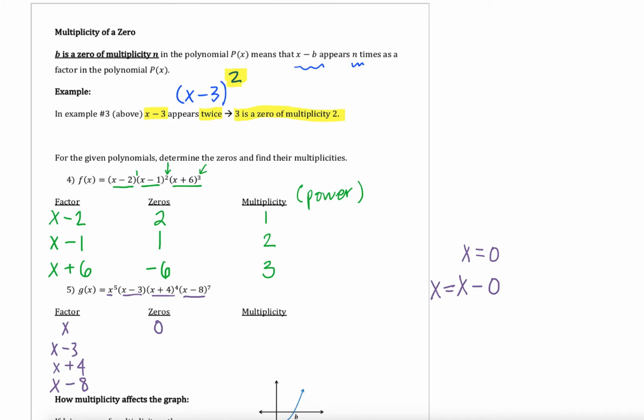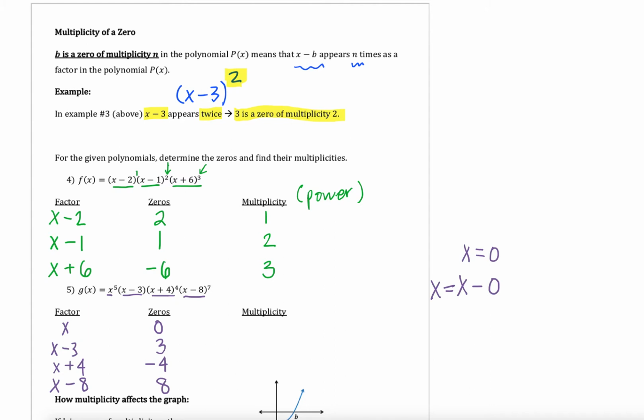Now for the factor of x minus 3, the corresponding 0 is going to be positive 3. For x plus 4, the corresponding 0 is negative 4. And then for x minus 8, the corresponding 0 is positive 8. So again, for every single unique factor, I have to be listing it in my factor column, and every factor has its own unique 0 that comes from it.